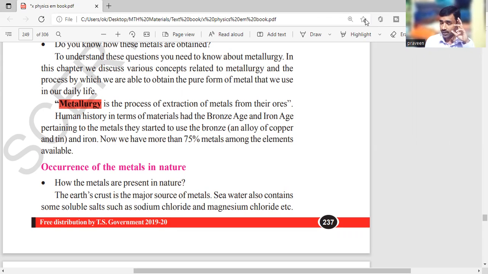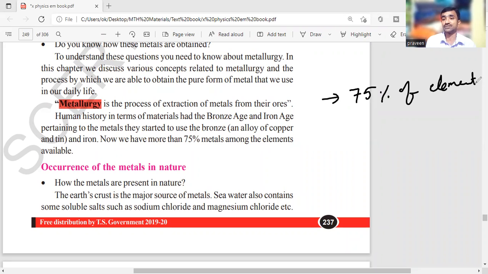In the periodic table, we learned about the different elements. In that also, you have one point, simply about the availability of elements. Out of 118 elements, 75% of the elements are metals. 75% of available elements are metals.